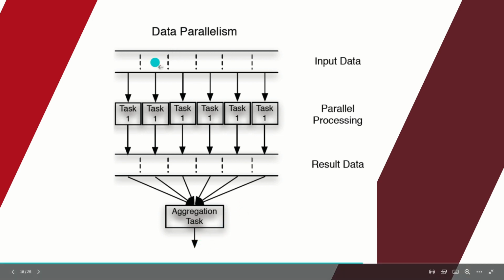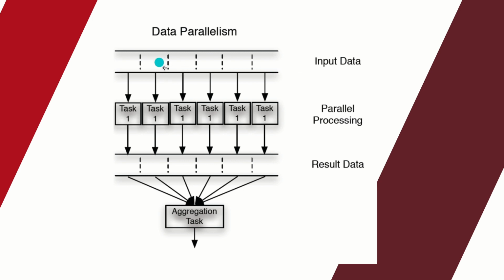Let's go through it once again. The input data in the form of an array, each segment of that array is processed in parallel, at the same time, and each of these tasks provides a result. This result will again look like an array where each task gives a different result, and then you aggregate the results from all of these and provide a final output. That is what data parallelism looks like.